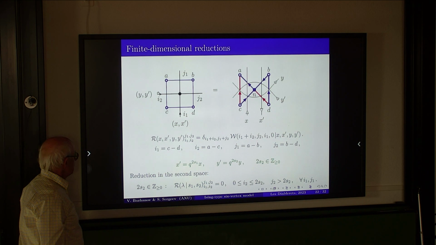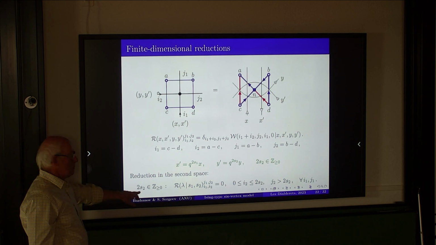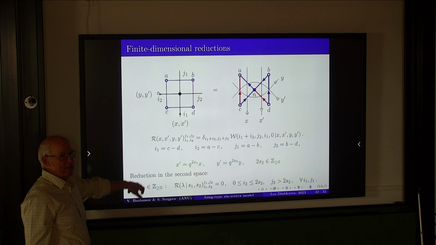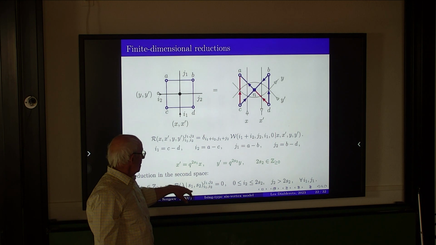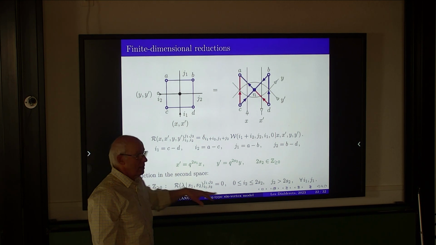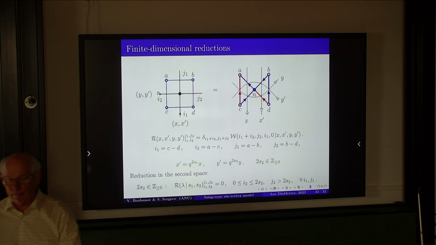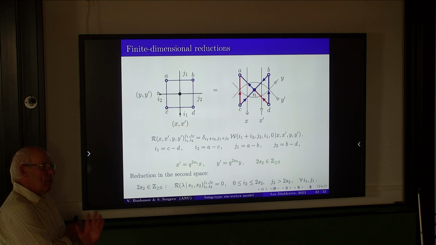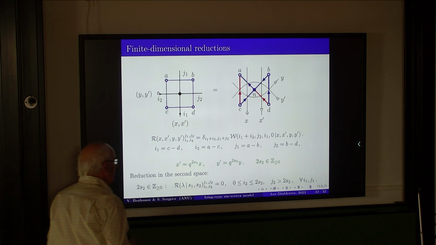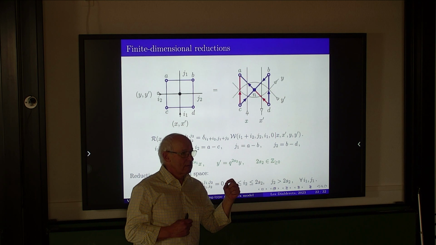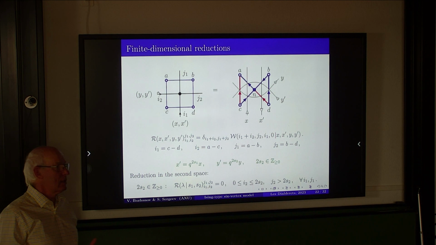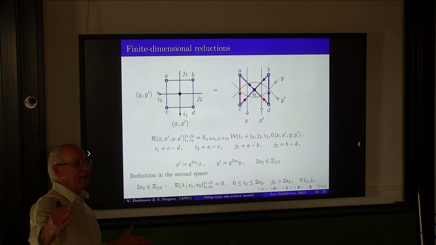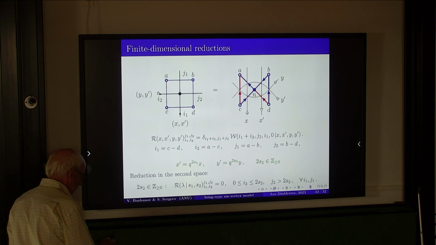And if 2s, s is a half integer, there is a reduction. The R matrix takes the block triangular form, and it splits into a finite dimensional matrix, where the indices run 2s plus 1 values, and an infinite rest.